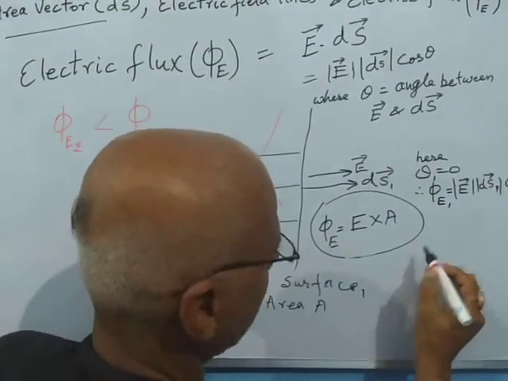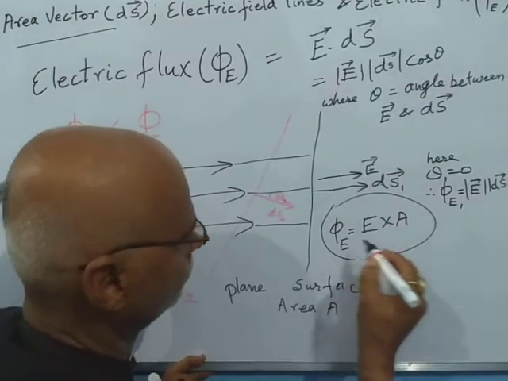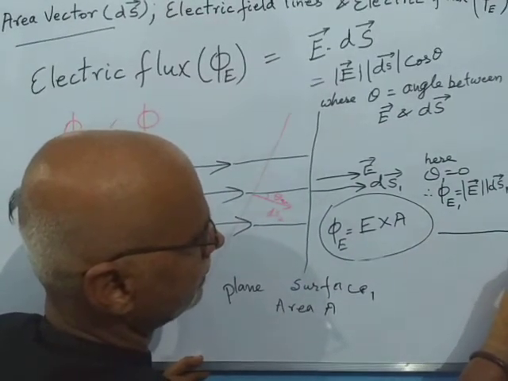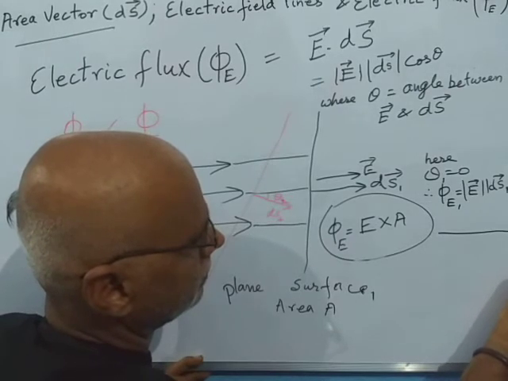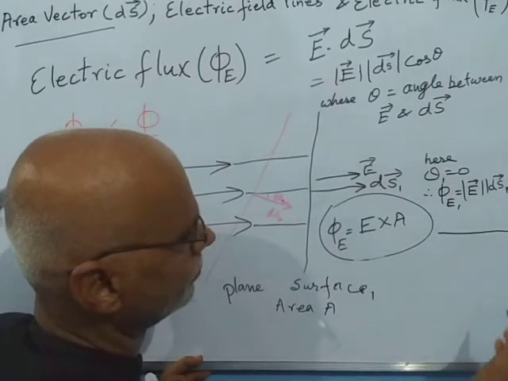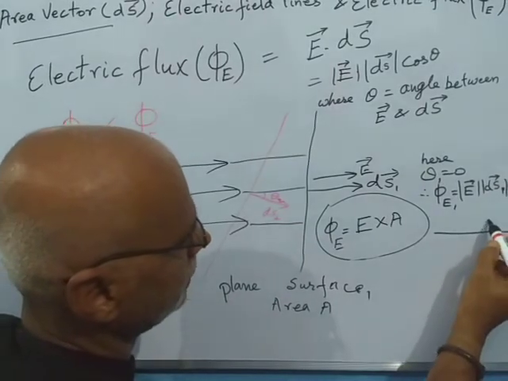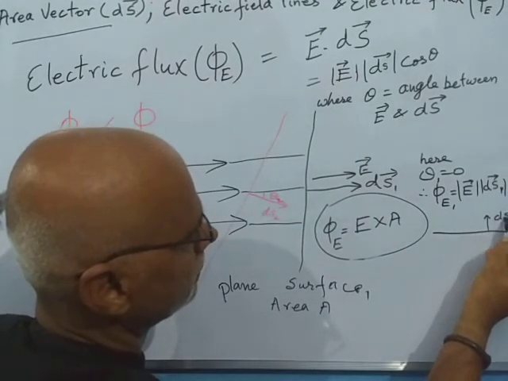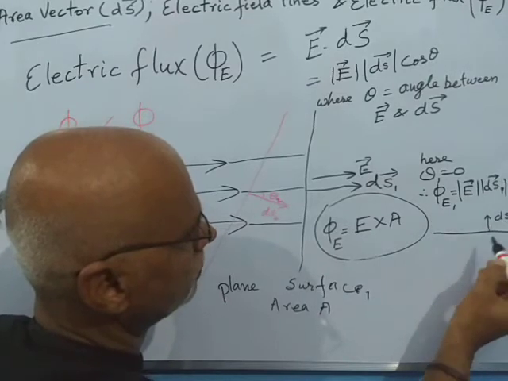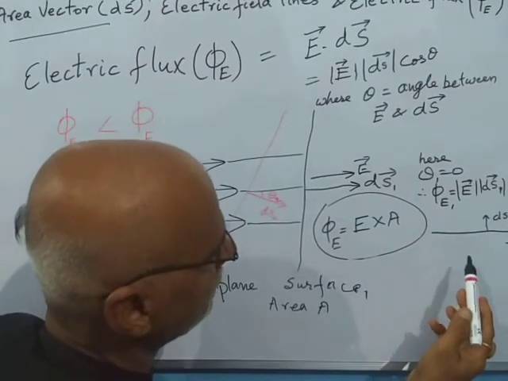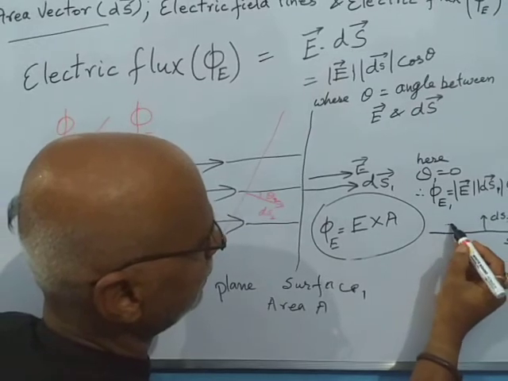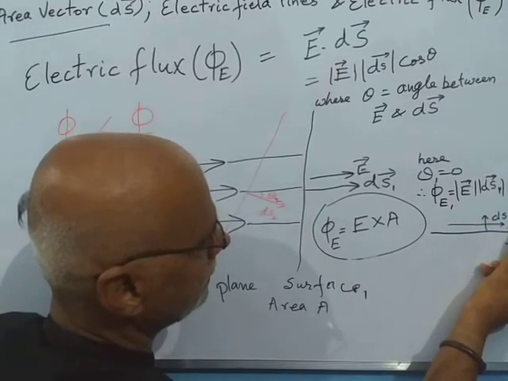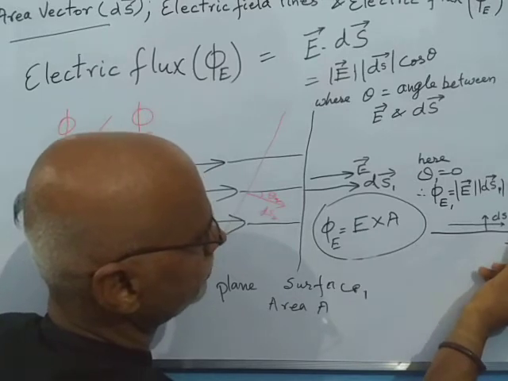Now yet another case can be discussed, when we have a surface which is along the electric field. If we have a surface along the electric field, surface 3, then in this case the area vector will be perpendicular to the surface, and the electric field will be at 90 degrees to it.